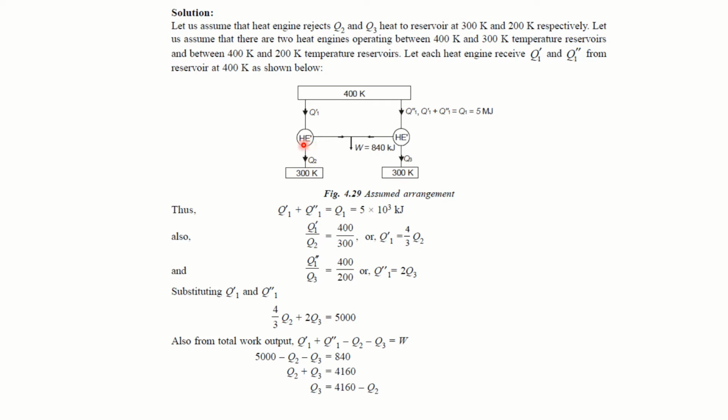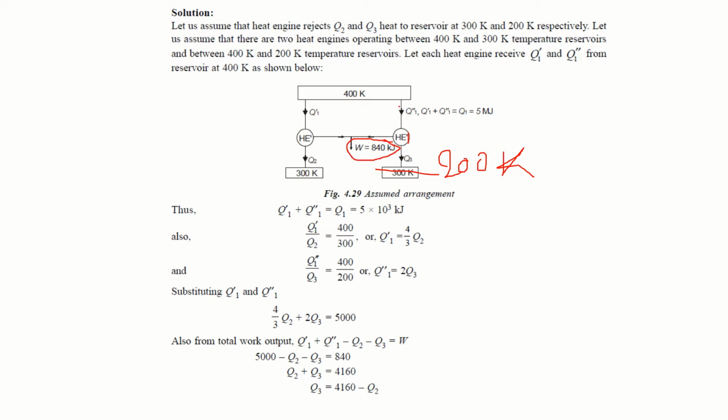Out of these, let us assume it is rejecting an amount of heat Q2 to a reservoir whose temperature is 300K, and another reservoir whose temperature is 200K. So the net work, I am just splitting this engine, instead of one heat engine, into heat engine dash, single dash and double dash, two heat engines. But total work is 840 kilojoules.